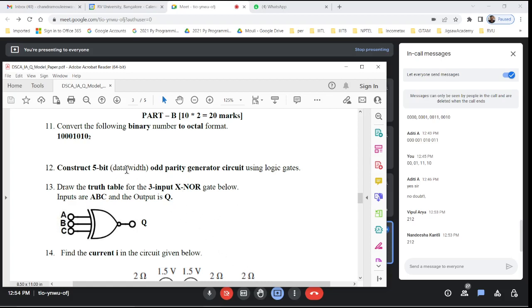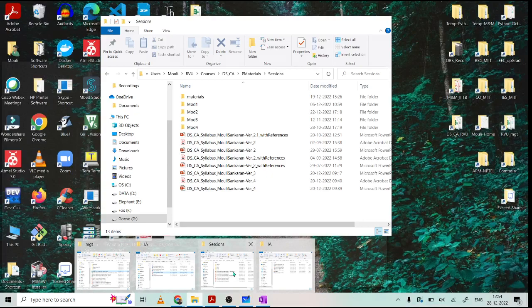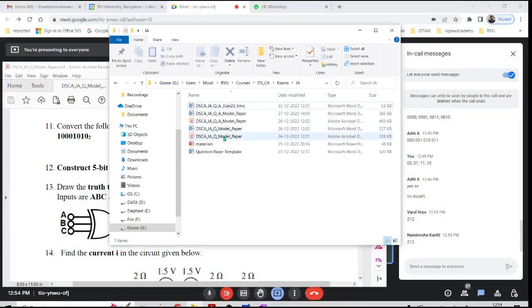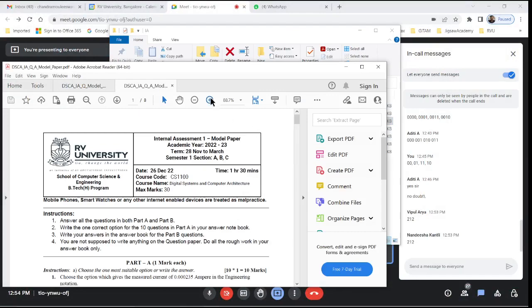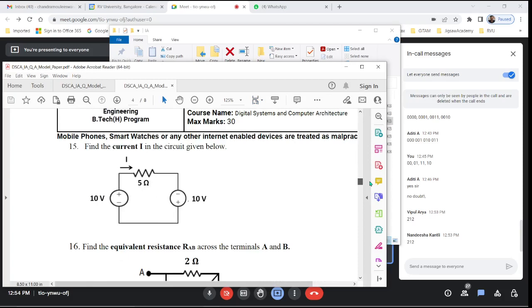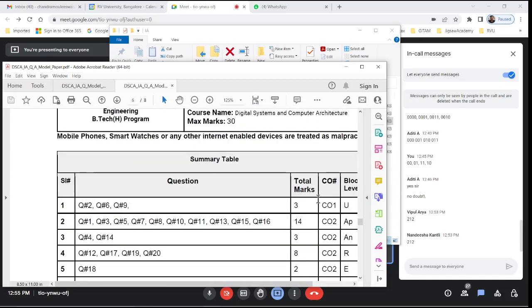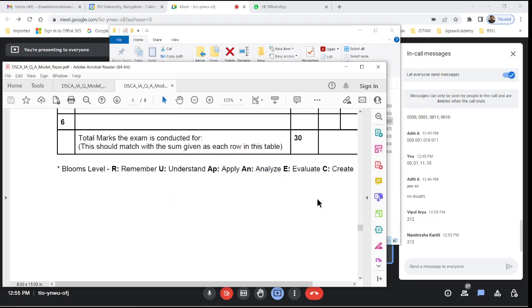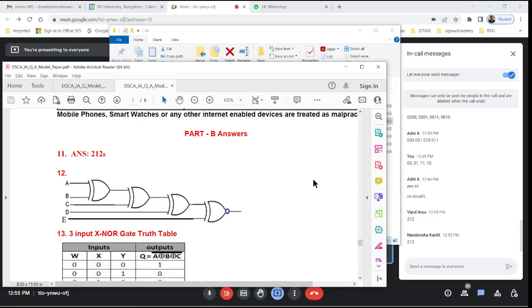Okay, what about this? Construct a 5-bit odd parity generator circuit. Let me show the picture directly. Yeah, this is the circuit.